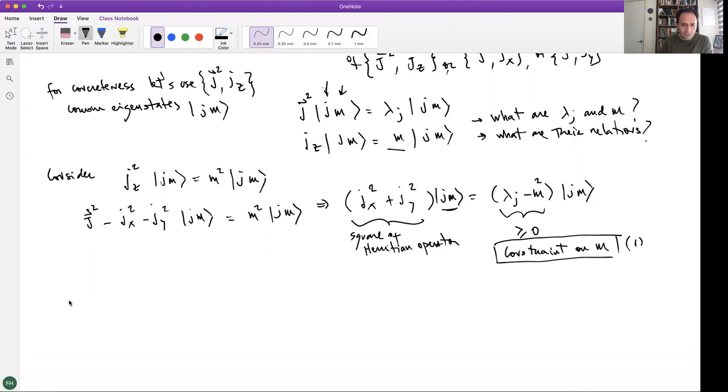So if m squared is bounded from above by lambda_j, that means that m itself has to be bounded between a minimum and a maximum value. Okay, a minimum and a maximum.